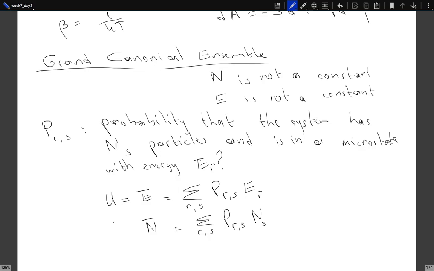These should be fixed. Given these constraints, what is the probability distribution?